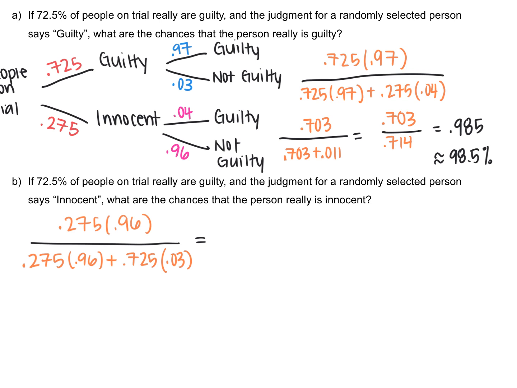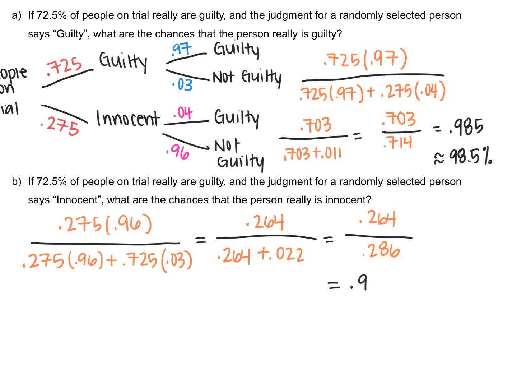So that becomes 0.264 over 0.264 plus 0.022, which is 0.264 over 0.286, which is 0.923, which is about 92.3%.